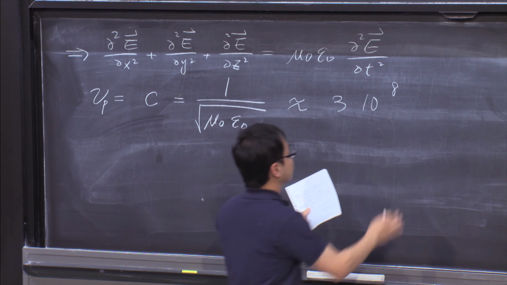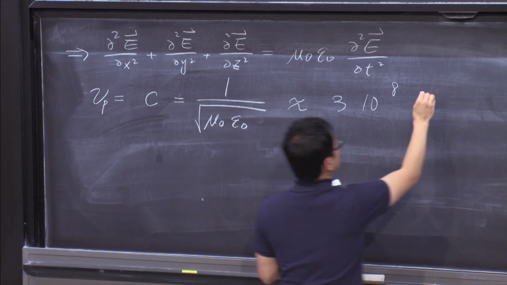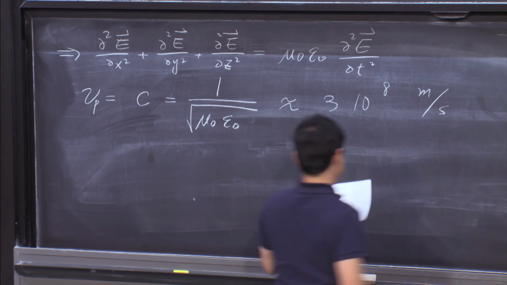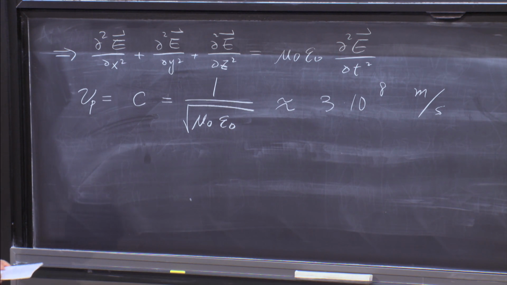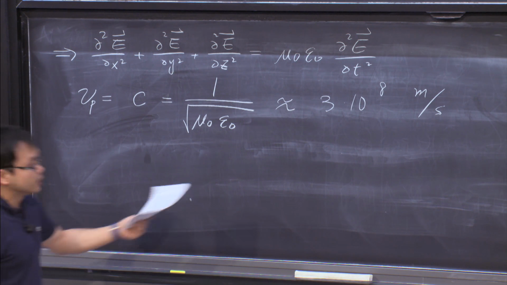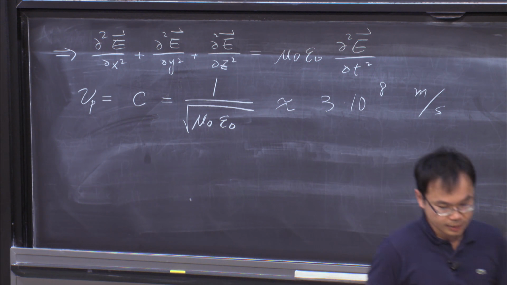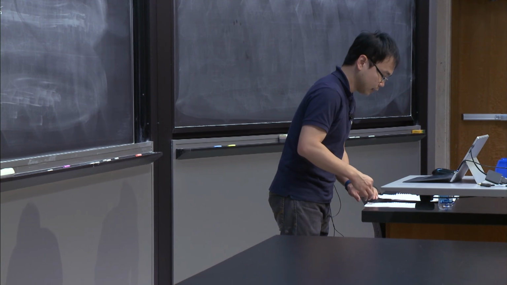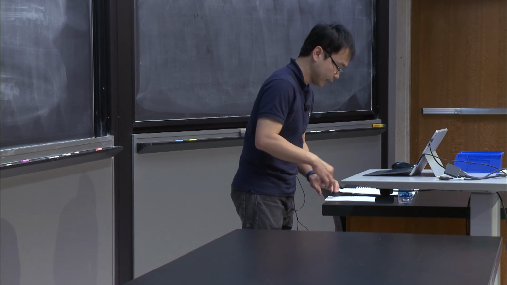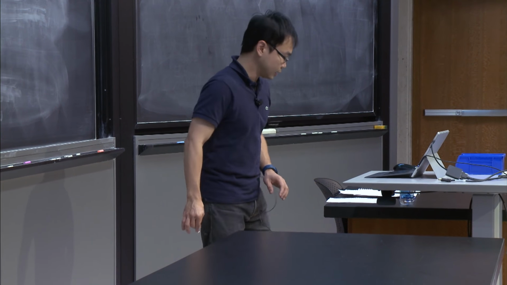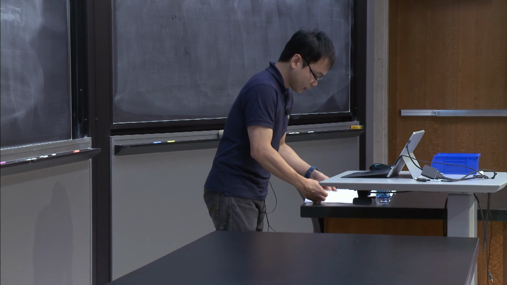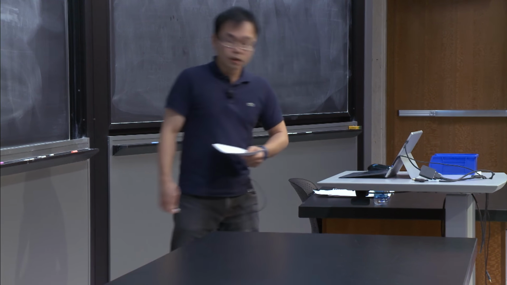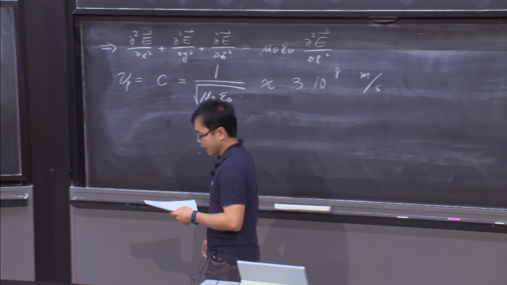I was saying 10 to the 9. It should be 3 times 10 to the 8 meter per second. So indeed, this equation is predicting the speed of light to be 3 times 10 to the 8, matching the experimental result. Okay. So that is pretty nice.